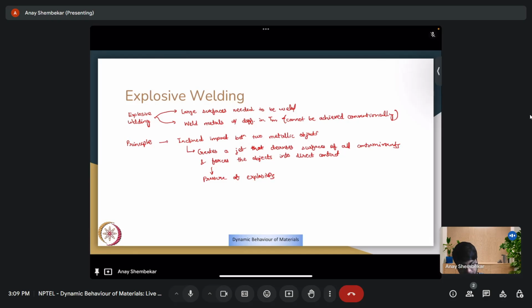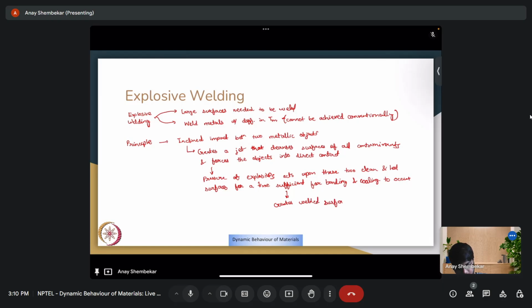So there will be a pressure due to the explosives that acts upon these two clean and hot surfaces for a time sufficient for bonding and cooling to occur, which in turn creates weld surfaces. Okay, so far, simple.